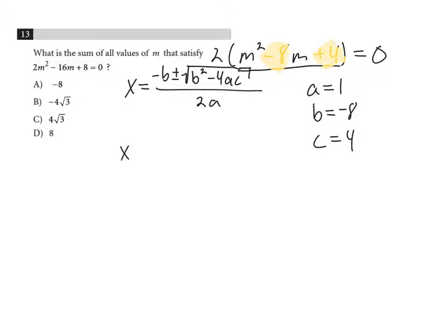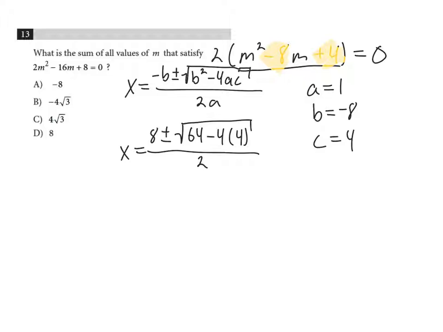So I just need to plug those into my formula. I'm going to get negative of -8 is +8, and then -8 squared is 64 minus 4. Well, what's a times c? A times c is 1 times 4, that's just 4. Okay, all over 2 times a, which is going to be 2.